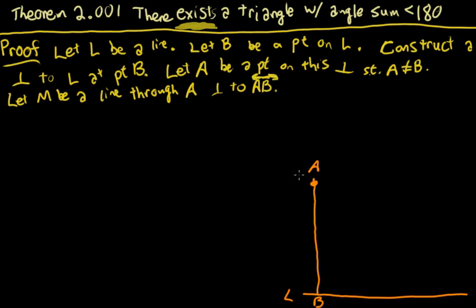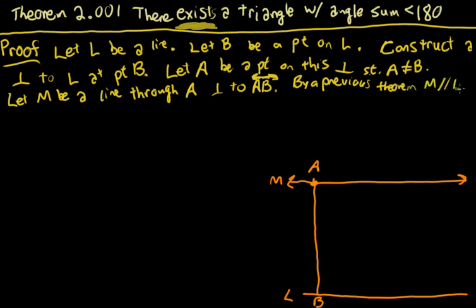So we have this line M that goes through A and it's perpendicular to AB. Then by a previous theorem, M is parallel to L.